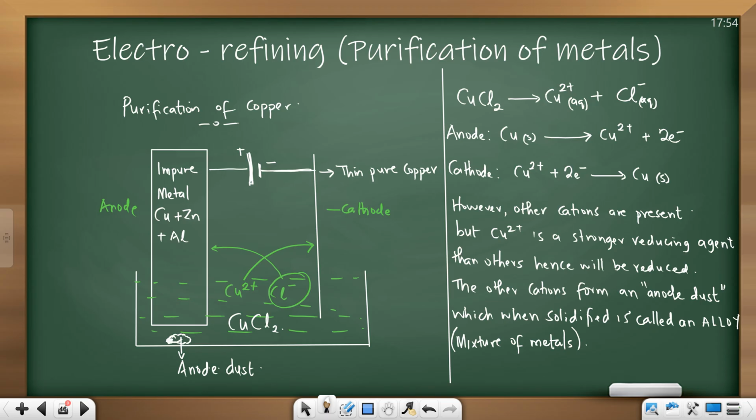And finally, we'll look at one more, the electrolysis of brine. Brine, B-R-I-N-E, sodium chloride, yes. Concentrated sodium chloride. Now, this particular cell, usually we used to have it as a membrane cell.